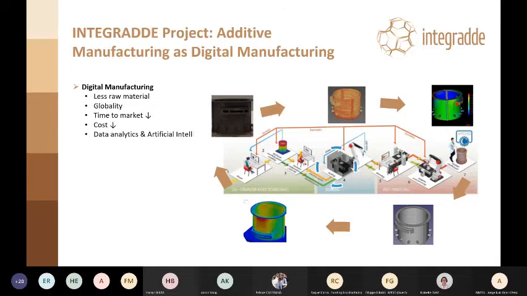With this data, we can produce this 3D visualization of, for example, in this case, heat accumulation in the component. You can see that there are some parts where the accumulation of heat is higher than others. And finally, we can analyze the component regarding the geometry.